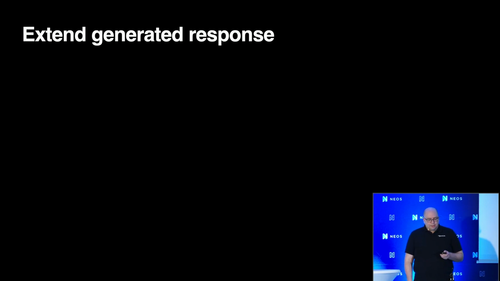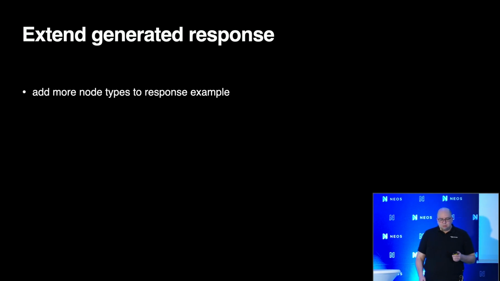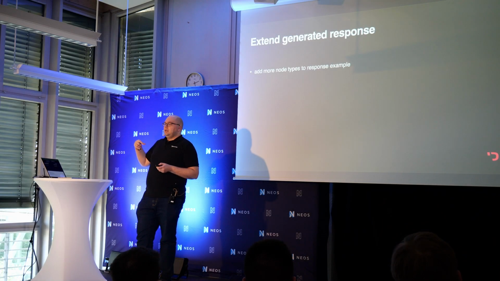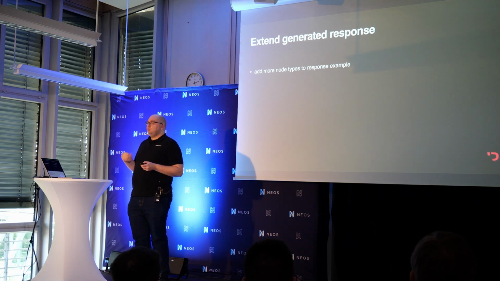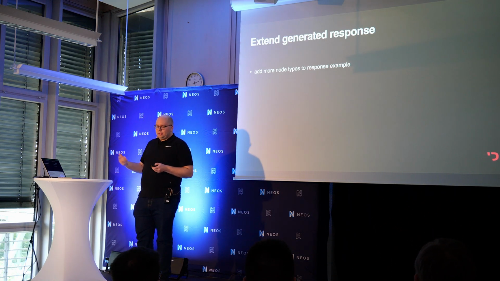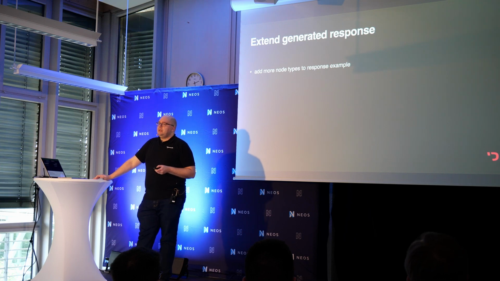So in the first step, I added more node types to my response example, because with this I tried to instruct the AI on what I wanted to have. And it was really simple, extending my example, and then it was possible to generate two column elements or image elements.